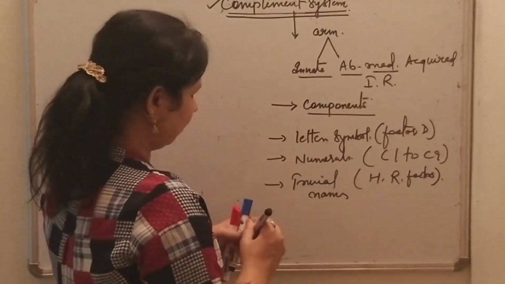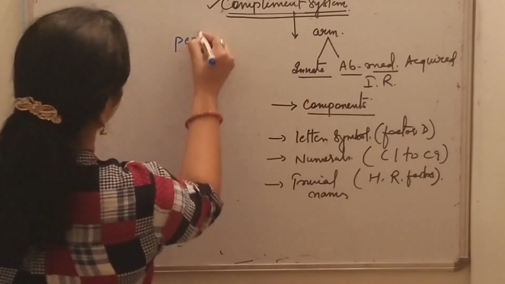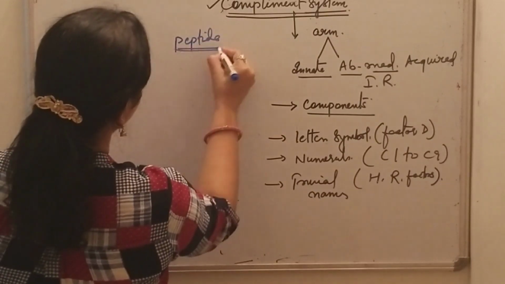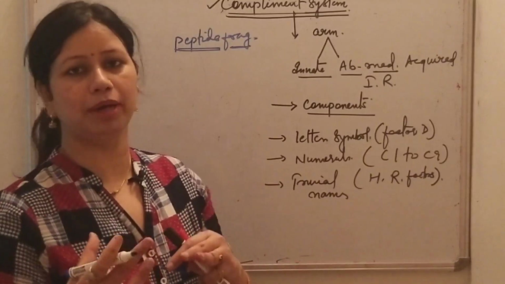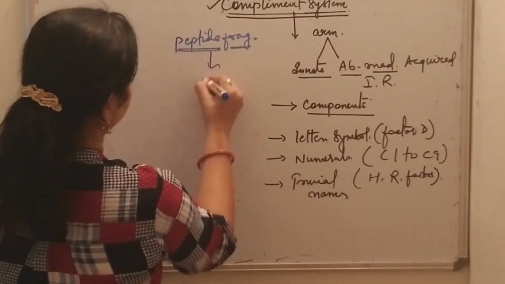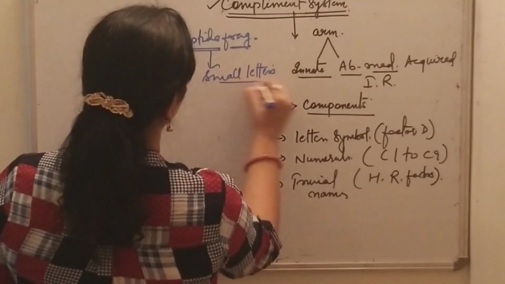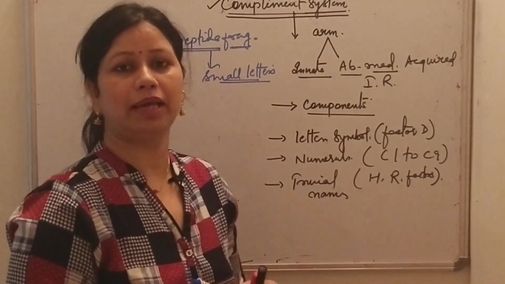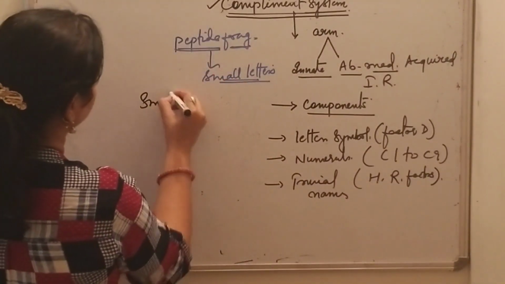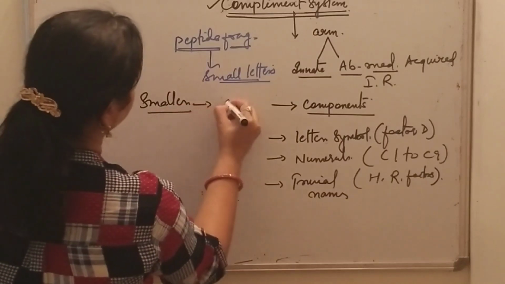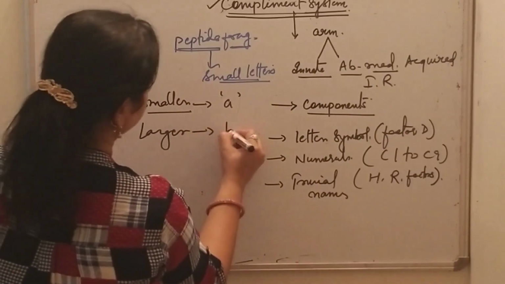Now I will tell you about the peptide fragments. Peptide fragments formed by activation of a component are denoted by small letters. The smaller fragment is denoted by letter a and the larger fragment is denoted by letter b.